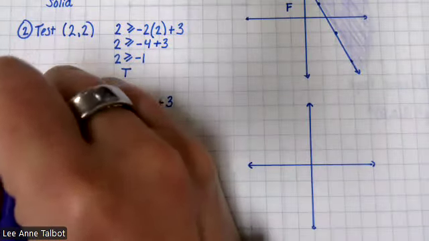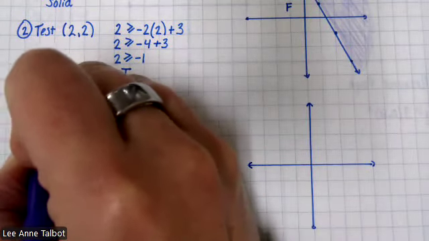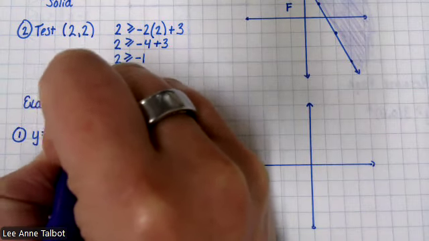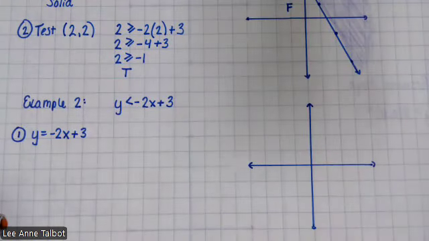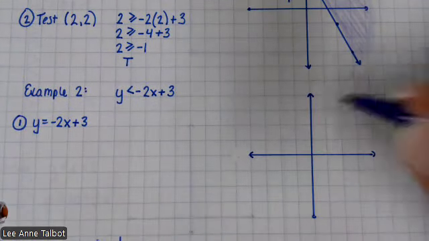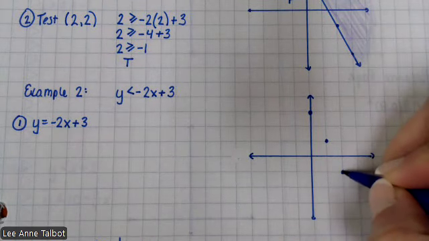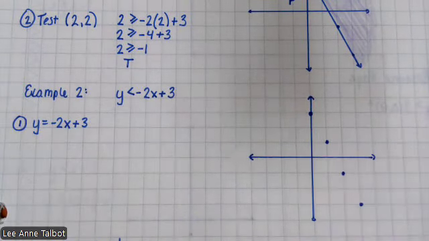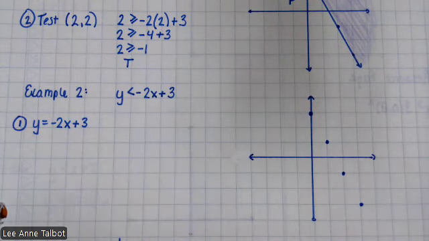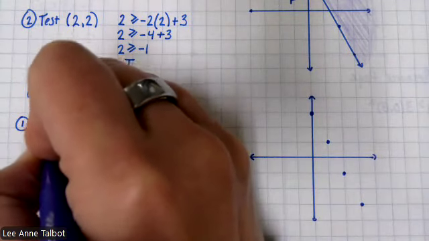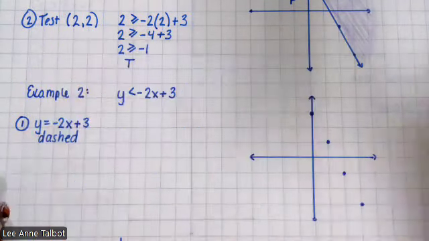Step 1, pretend you have equals. And this one is going to be dashed.